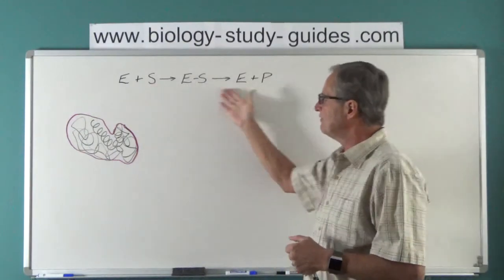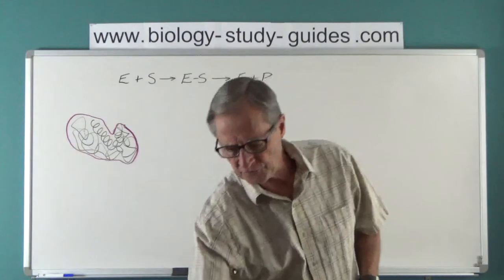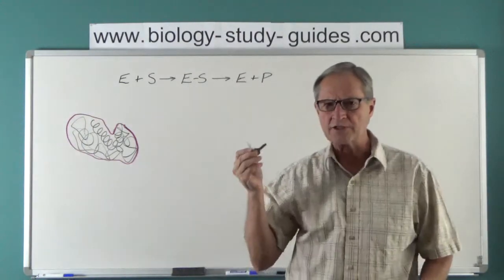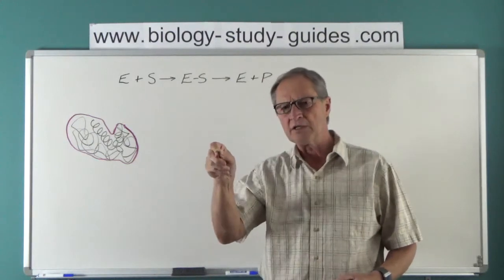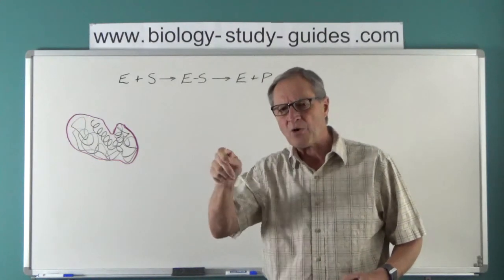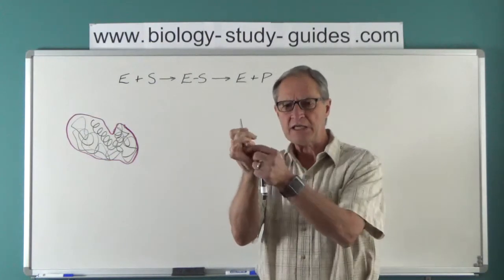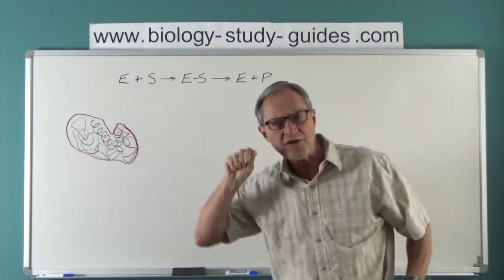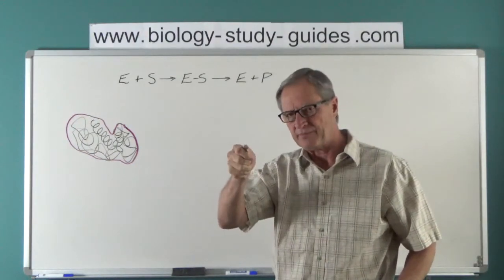This is an abbreviation of something that's called the lock and key model. And if you think about locks and keys, they fit into a lock and allow something to happen. If you take a different key, it may fit into the lock, but it won't necessarily unlock anything.